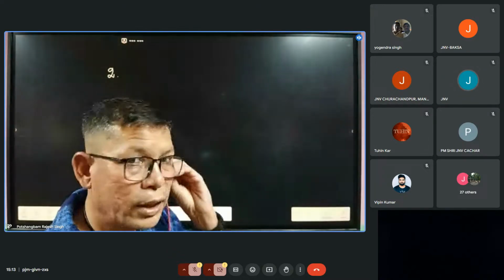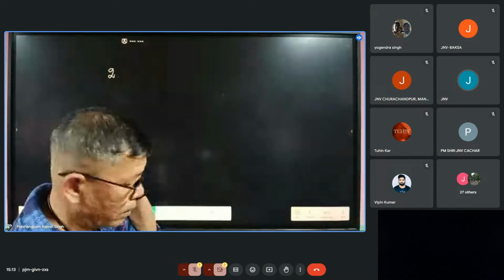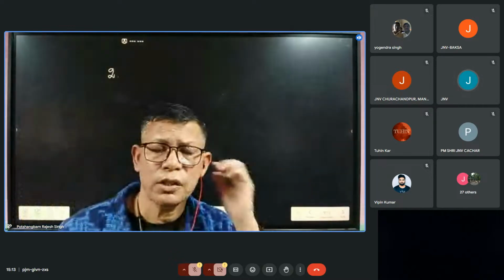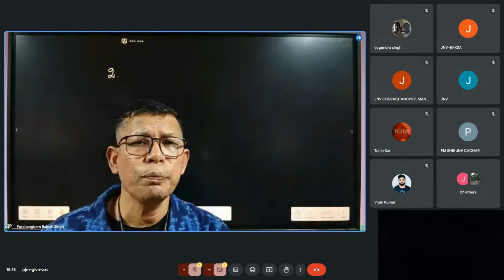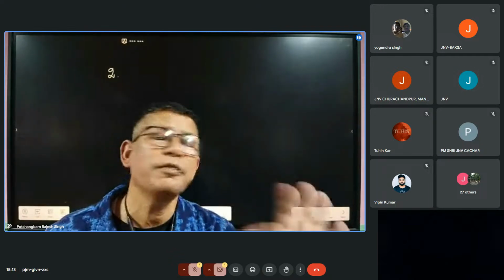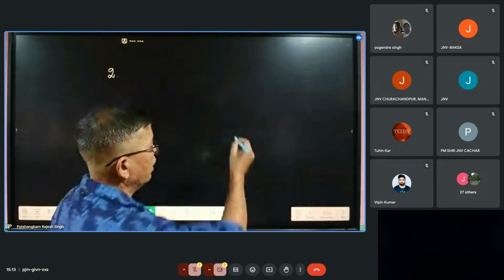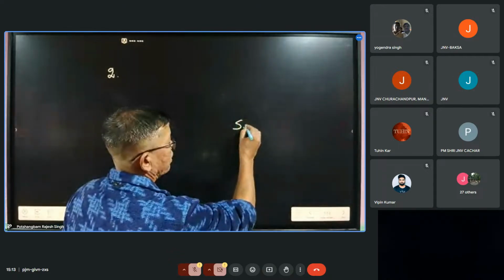Degree defined or not. So once again, your variable should be independent. Independent means it should not be under the control of any function. For example, sine is a function.